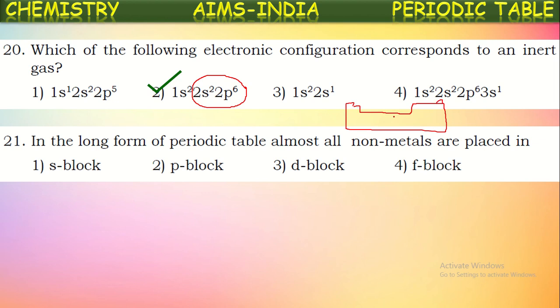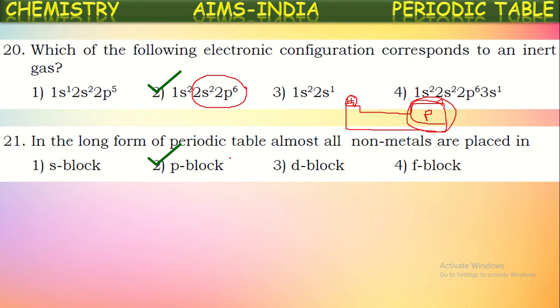In this, almost all the nonmetals are on the right side of the periodic table, which we call the p block, except only one element which is at the start of the periodic table, that is hydrogen. So except hydrogen, all remaining nonmetals are present on the extreme right side of the periodic table. That right side is called p block. So the modern periodic table contains almost all nonmetals in the p block itself.